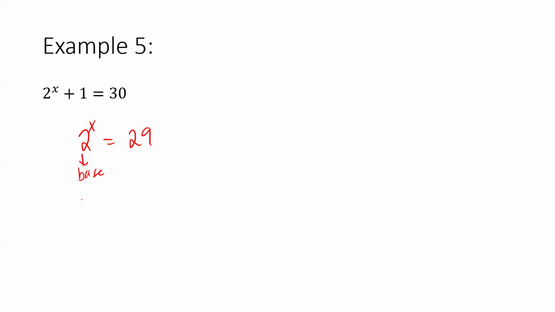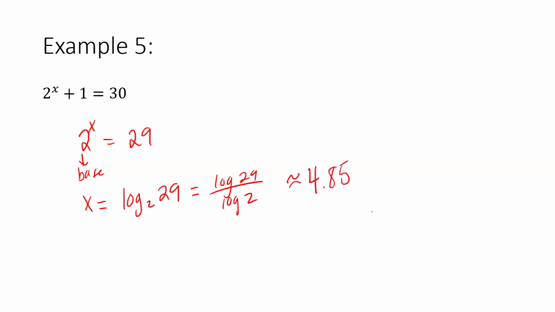So to solve for x is going to equal log base 2 of 29 or log of 29 over log 2. Agreed? And what do we get? 4 point. Yes. All right.